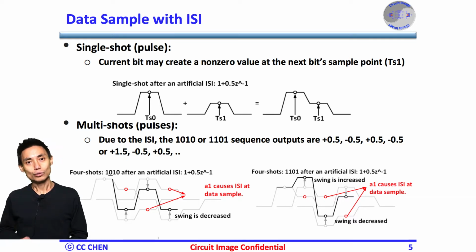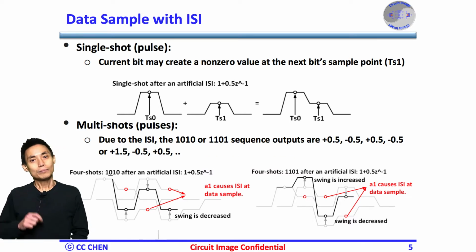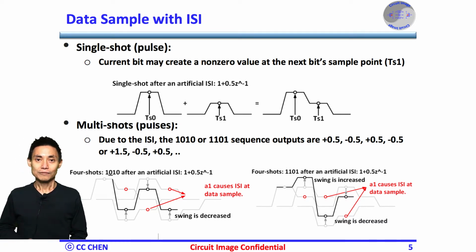So this will reduce the sample swing or voltage margin, and then the sampler has a higher probability of making the wrong decision under random noise. Please be advised that will limit the sampler's performance if the input dynamic range is big.